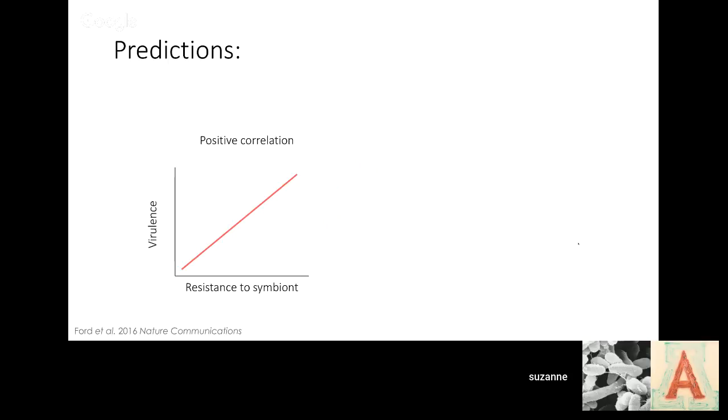And so basically the first prediction is just, if there's a positive correlation between the resistance to a symbiont and the pathogen's virulence, then you will necessarily get selection for increased virulence. Selection for resistance will necessarily increase the pathogen's virulence. And then the second prediction is just simply a trade-off.